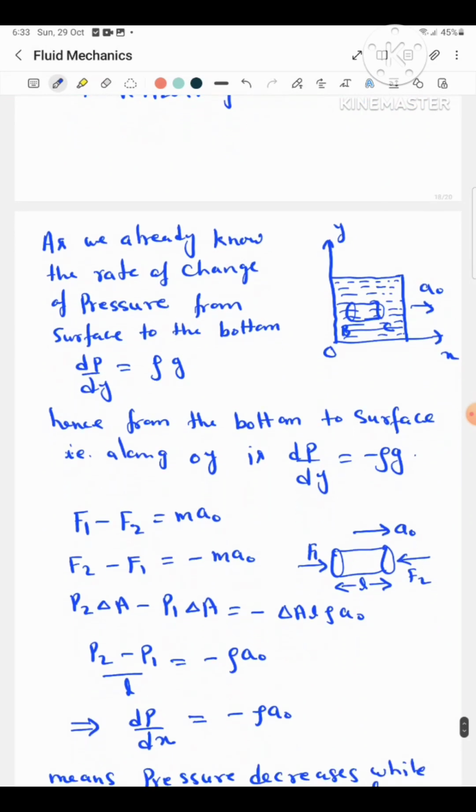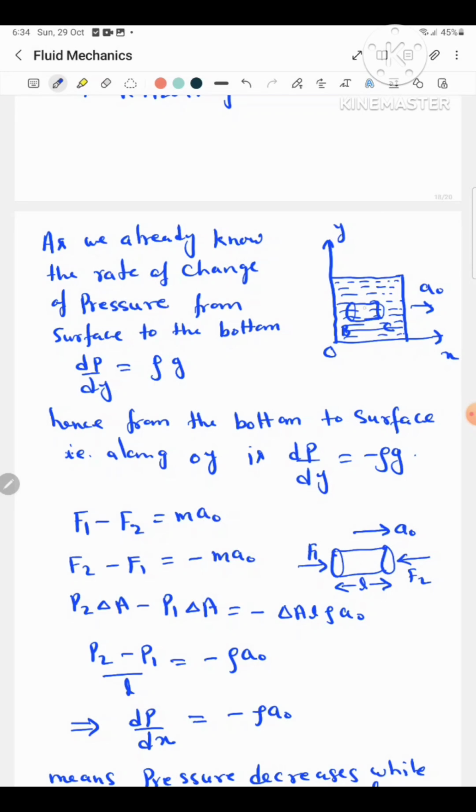We have already derived this equation, dp upon dy is equal to rho g, as we move from this point to the point O. Pressure will increase as we move from the surface down. Suppose we are moving from the bottom to the surface, then dp upon dy will be minus rho g.